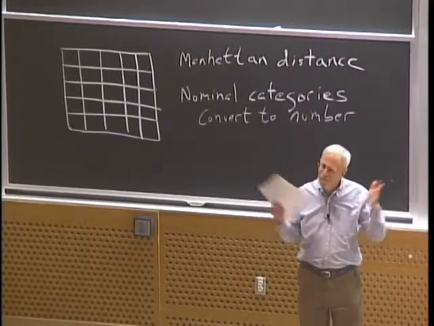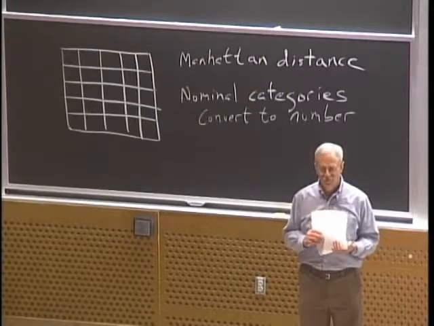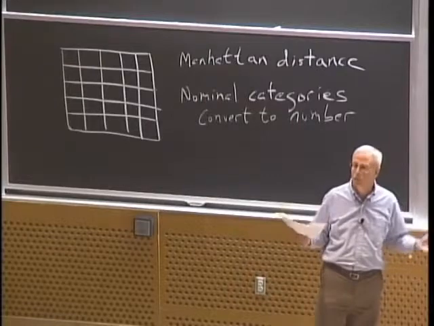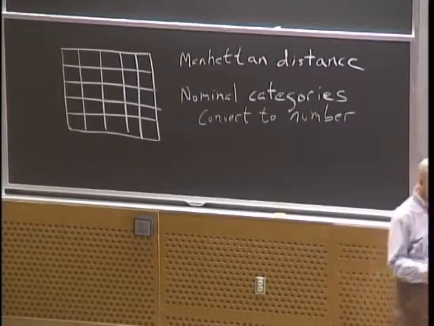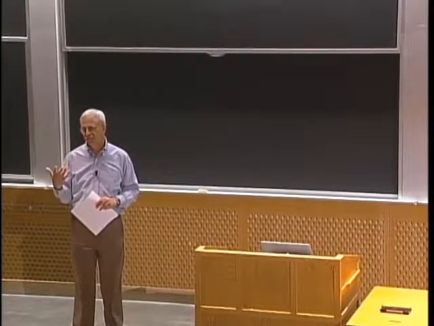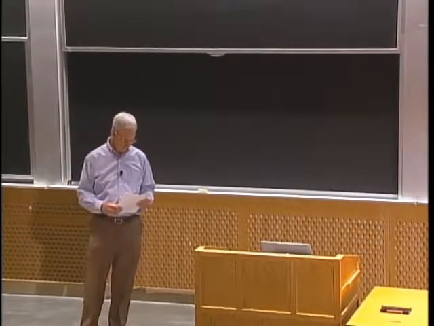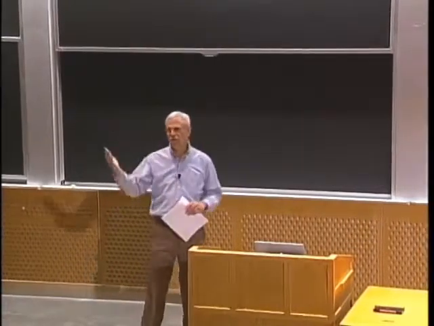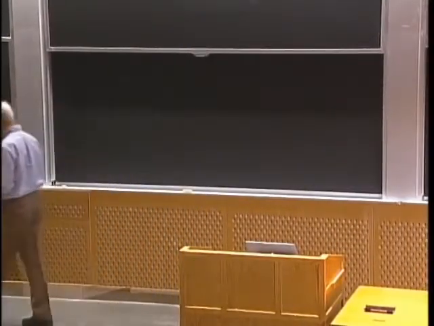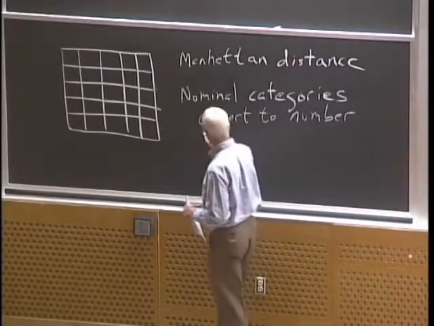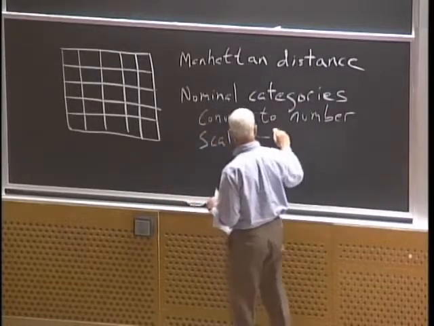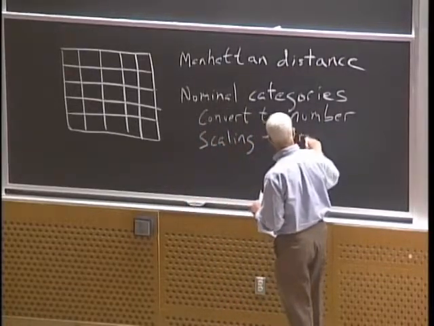I don't know why we think that, but maybe we think that. Red hair is closer to blonde hair than it is to black hair. I don't know. These are the sorts of things that are not mathematical questions typically, but judgment that people have to make. Once we've converted things to numbers, we then have to go back to our old friend of scaling, which is often called normalization.